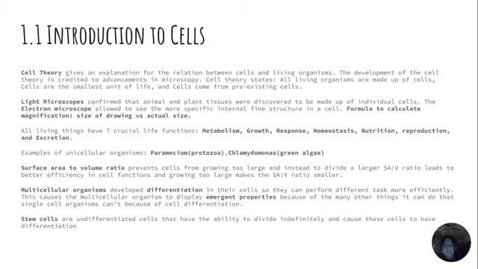We also have multicellular organisms, which developed differentiation in their cells to perform different tasks more efficiently. This caused multicellular organisms to display emergent properties because of the many things they could do that single cell organisms couldn't because of cell differentiation.